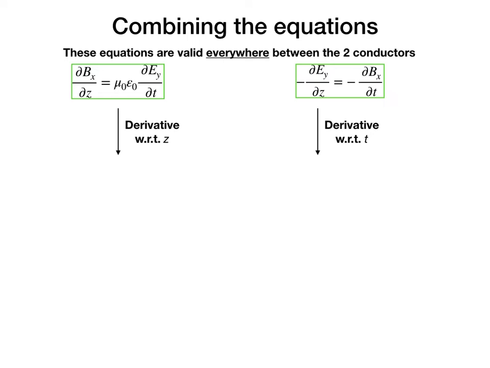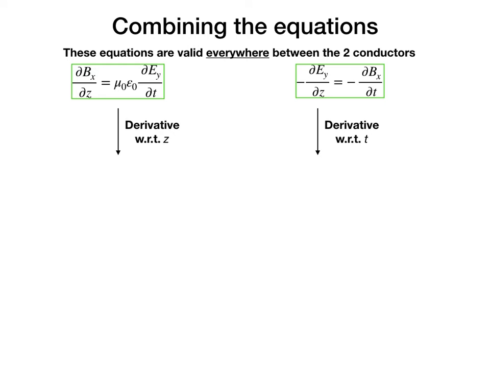So we finally arrive at two equations, and in order to get one equation from them and to solve them, we do a standard thing. We take the derivative with respect to z of the left equation, and the derivative with respect to t of the right equation.